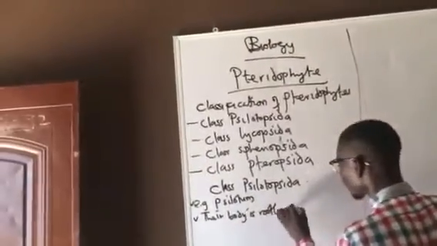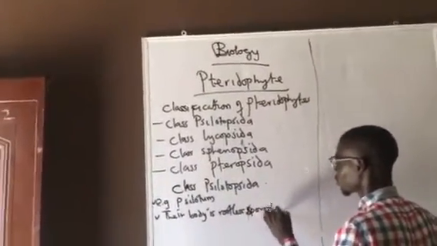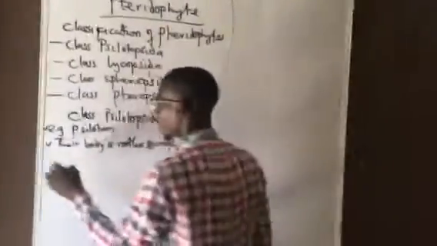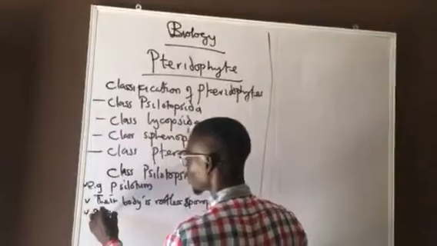Their sporophyte body is rootless, and that same sporophyte is differentiated.